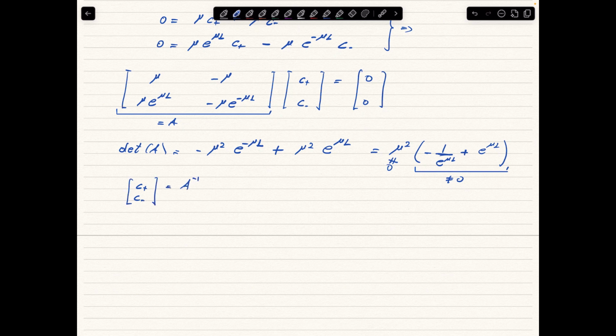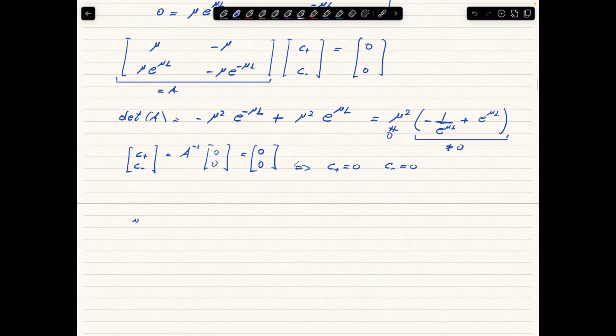And then c plus and c minus can be written as A inverse times 0, which is 0. So that implies that both c plus is 0 and c minus is 0. And therefore for the solution y of x, there is only one solution, that is 0, and in this case we have no eigenfunctions.